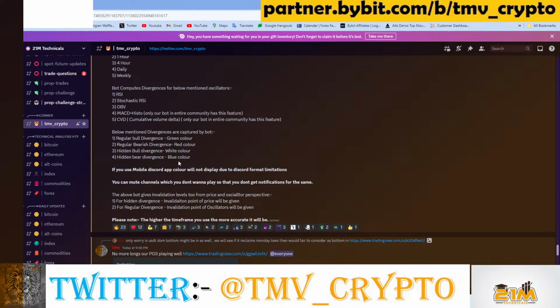So all the color and all the layout is going to work when you are seeing it in the desktop version. Because if you're watching in the mobile version, it is going to be very much simple. It doesn't have color because of the limitations by Discord.